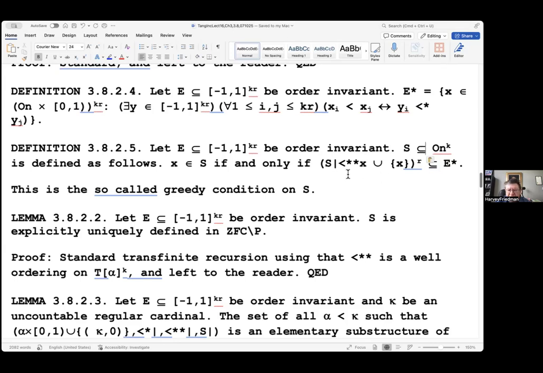We're trying to build a k-dimensional object whose rth power is contained in E star, the constraint. The E star is the constraint. And so we want to put X in just in case, if we take what we've done up to now, in other words, S restricted to less than or equal to less than double star X.